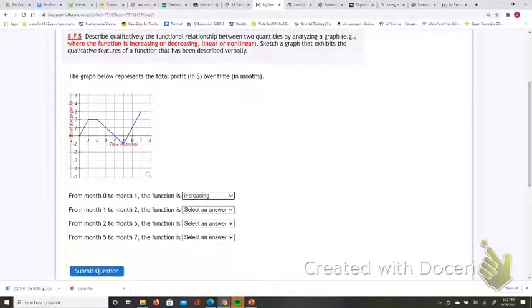Okay, from month 1 to month 2, can you see that it's constant? Now from month 2 to month 5, it's going downhill, it's decreasing.